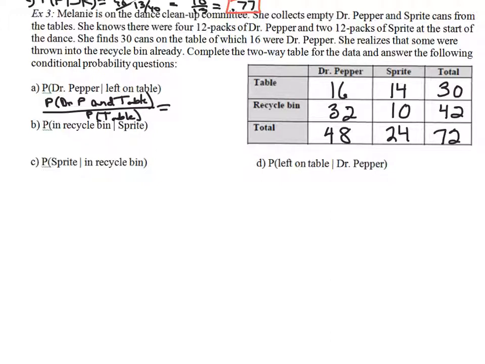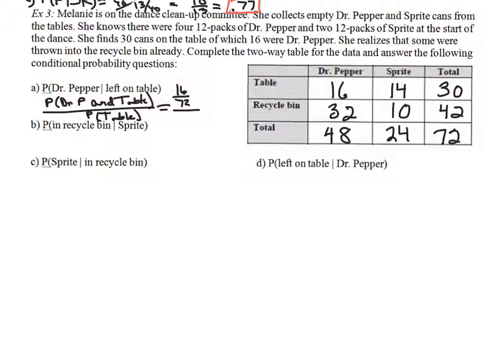So looking at my chart, I see that Dr. Pepper and table would make this number right here, 16, out of the 72 cans altogether. So 16 out of 72 in the numerator, divided by the probability of the cans left on the table.